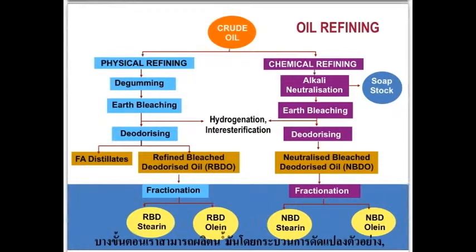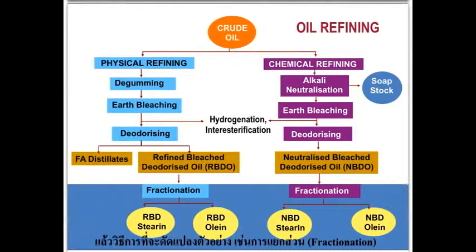At some stage after the bleaching process, we can take the oil for modification processes, for example hydrogenation and interesterification. But after this process, for example after hydrogenation, there is probably some free fatty acid that needs to be removed by deodorization process.